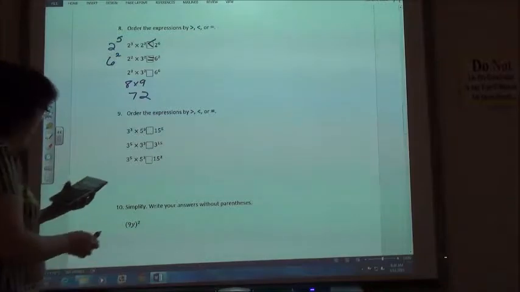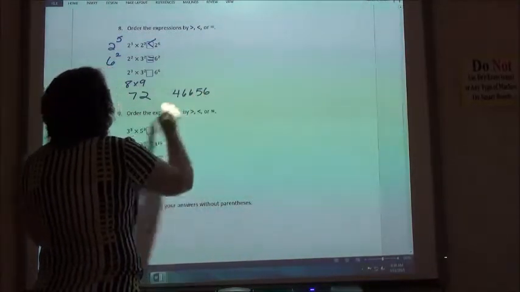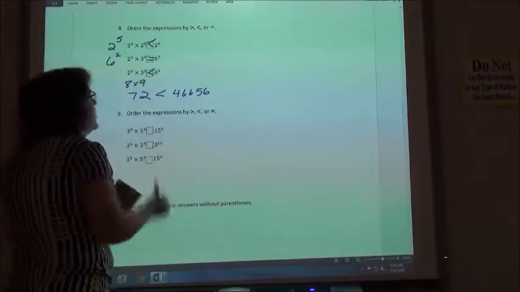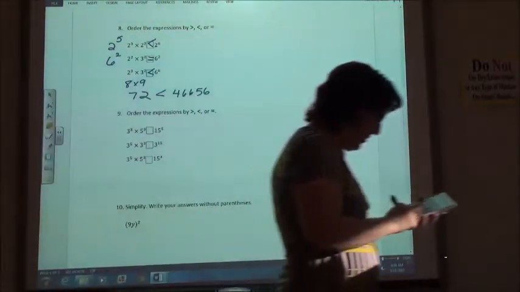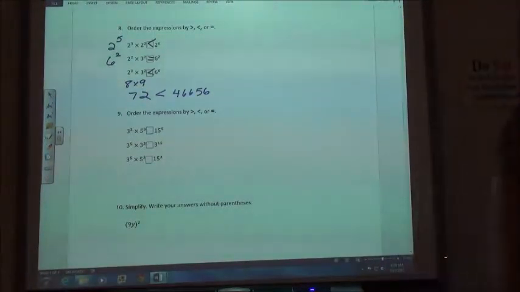If I got them all in there, I've got 46,656. Obviously 72 is going to be less than that. Should use my other calculator where I have my exponent key instead of having to do it the long way. 6 to the 6th power.